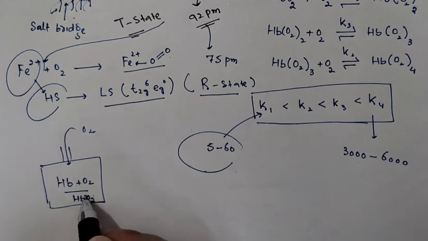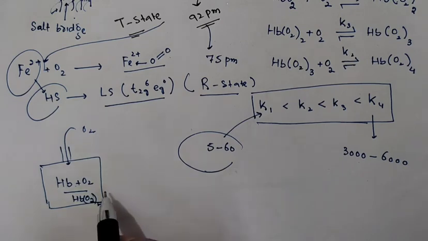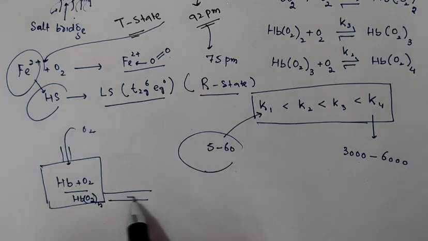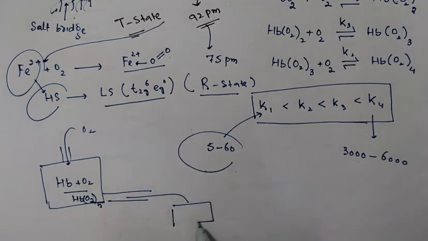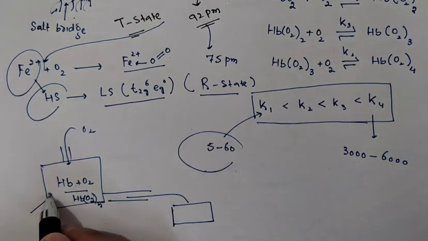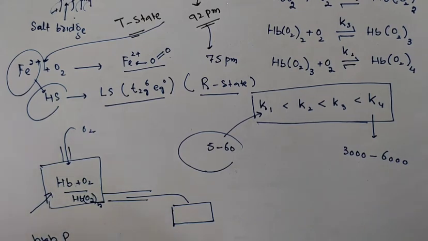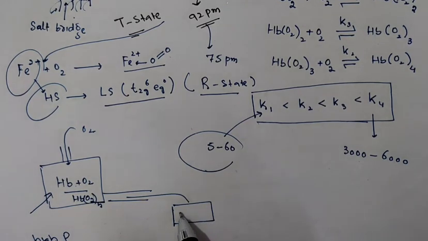We show it by this, okay, and then it moves through the blood, then it deploys the oxygen in the tissues or muscle cells. There the pressure is low, so here the pressure is high, so it binds under the high pressure condition, and then here it releases.